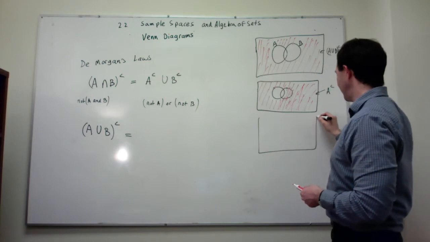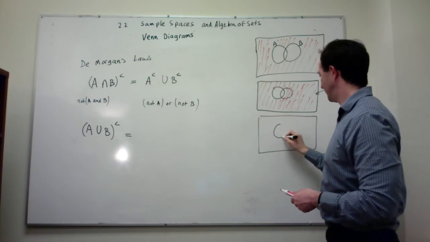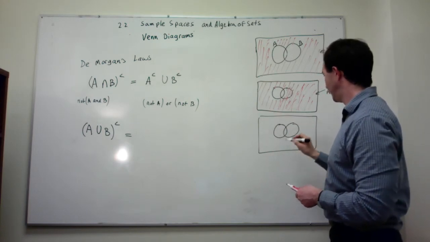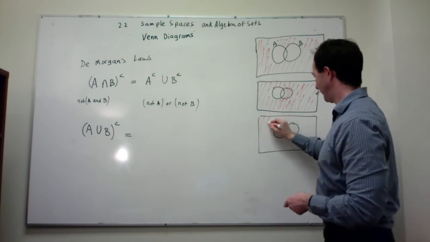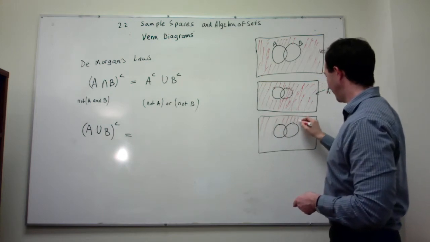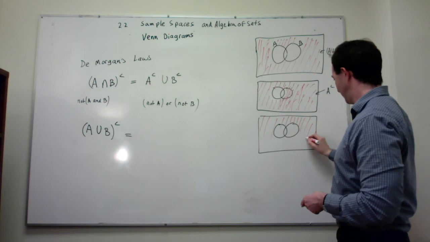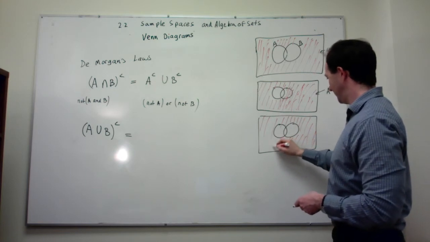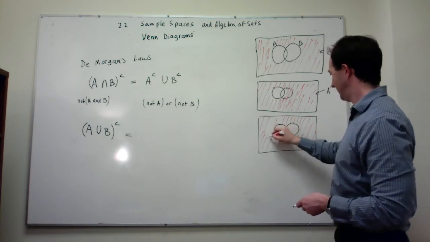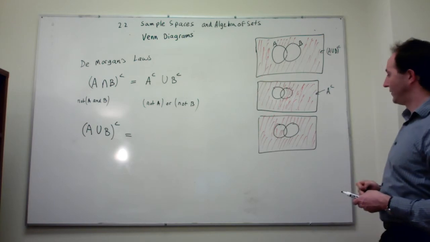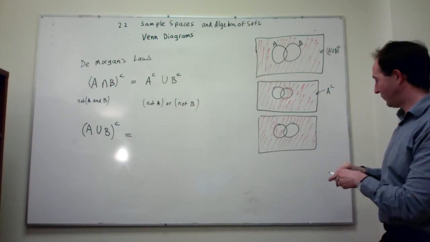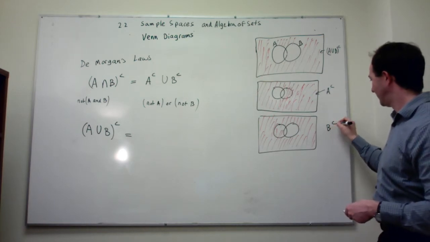And then I can shade this set, which is B complement, everything outside. This is B complement.